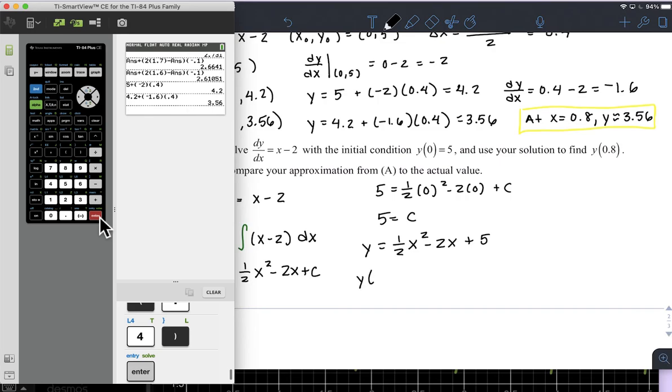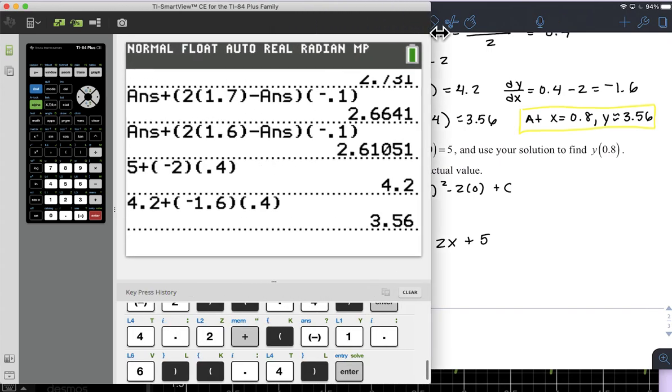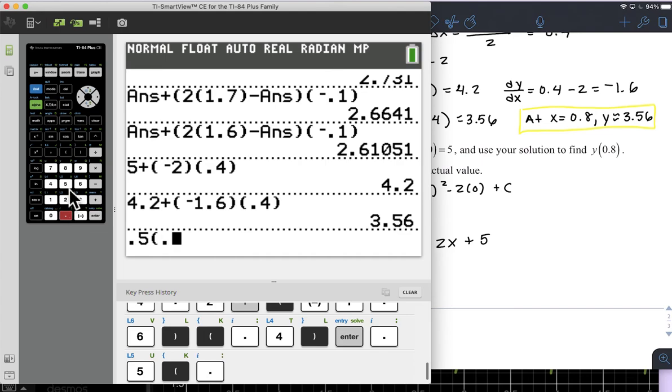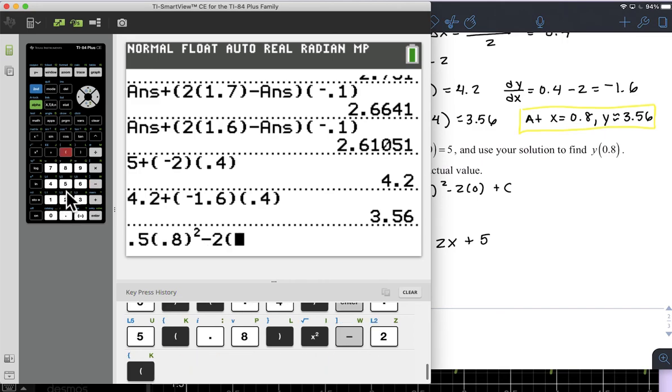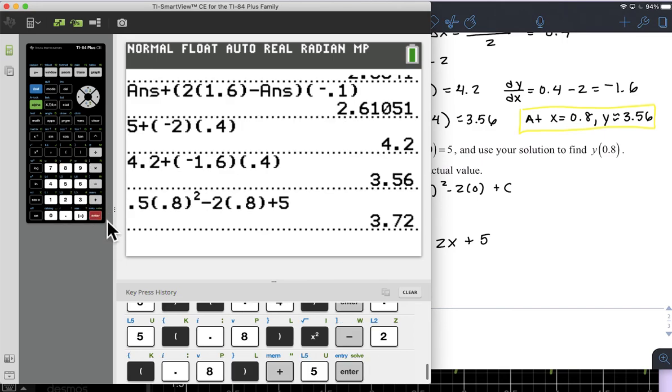So y of 0.8 is actually going to equal, I'm just going to go over and use my calculator now. We had 1/2, so 0.5 times x squared, so 0.8 squared, minus 2 times my x of 0.8, and then plus 5. So that gives me an actual value of 3.72.